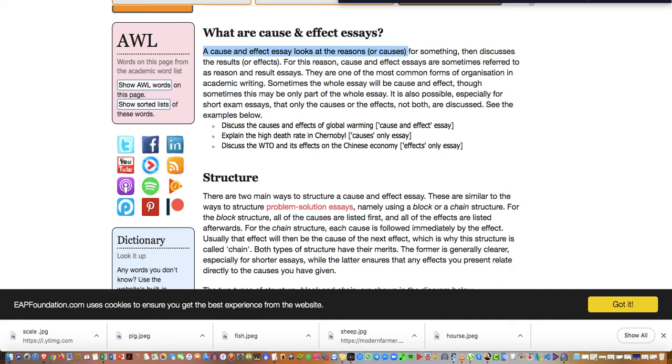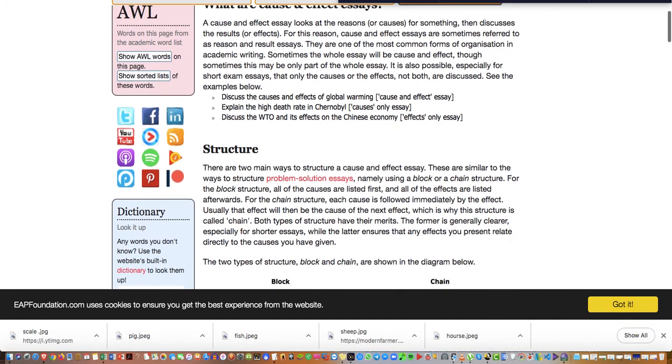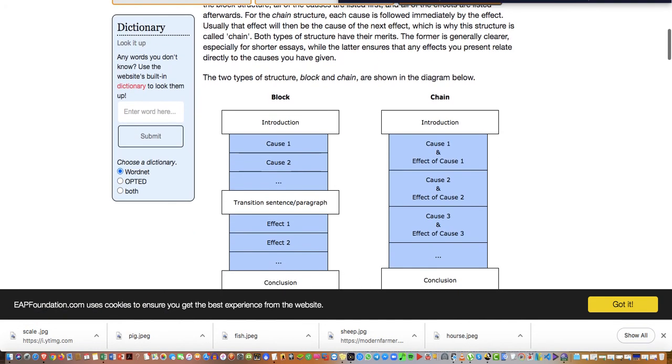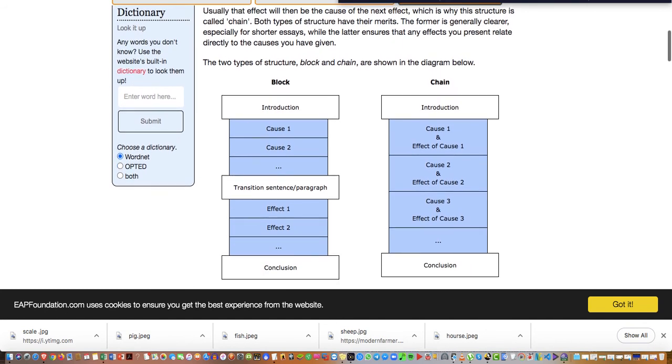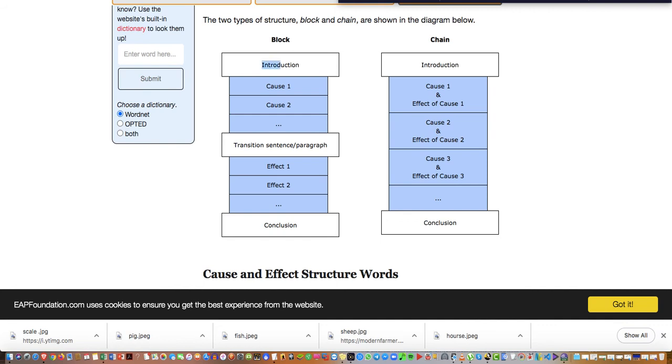They mainly focus on the reasons or causes for something, and discuss the result, the effects. So this is how they structure it. It's the same thing as what we did. This one is the introduction. This one is the supporting sentence. We call it transition sentences or paragraph.